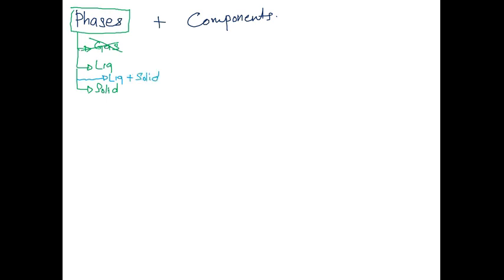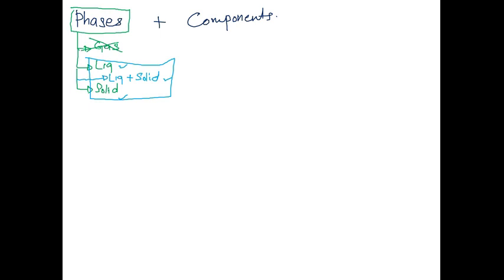So you ada liquid phase or liquid and solid phase and pure solid. So these are the phases that commonly observed in the phase diagram. And then the other major things inside the phase diagram is the components.